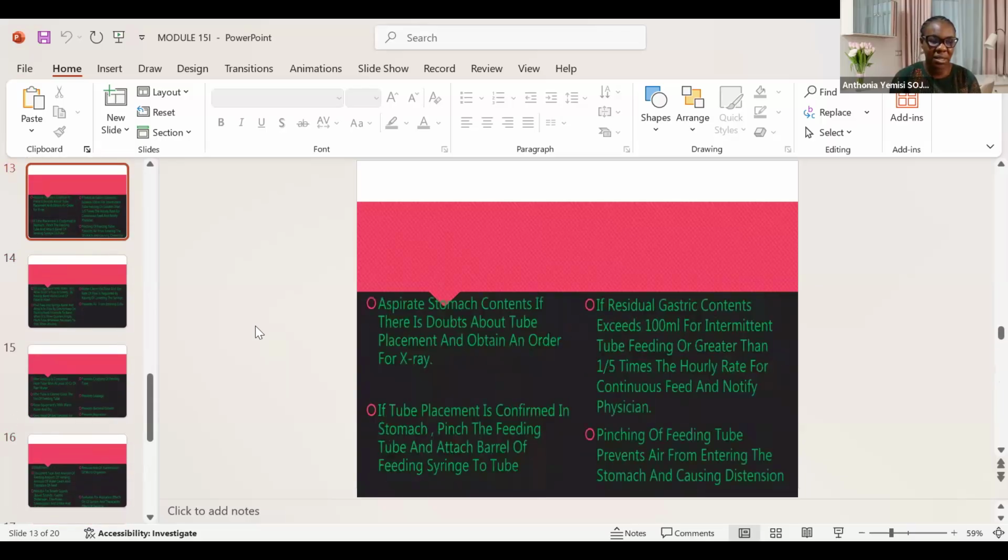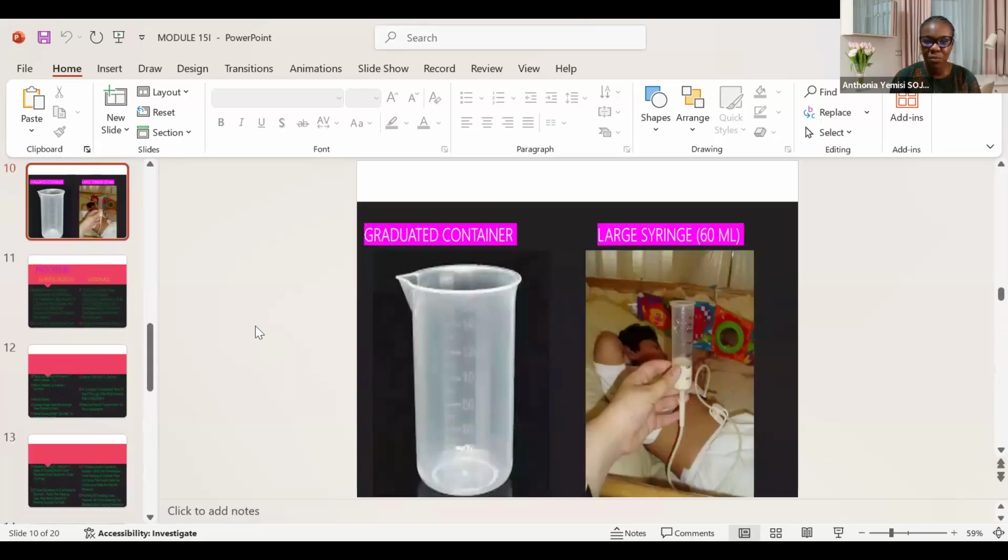All that I explained is the same thing that is inside this picture that I mentioned earlier. After washing your hands and confirming that the patient is the one that needs to be fed, you warm whatever you want to administer to the patient. Maybe it's medication dissolved in water, or fortified pap or milk, as the case may be.